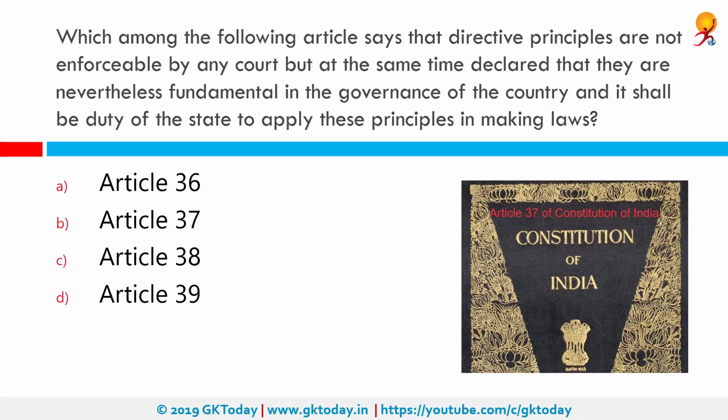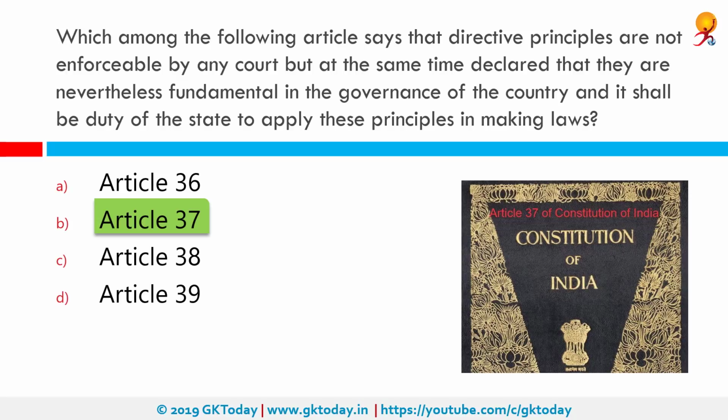Which among the following articles says that directive principles are not enforceable by any court, but at the same time declares that they are nevertheless fundamental in the governance of the country, and it shall be the duty of the state to apply these principles in making laws? The correct answer is Article 37. Article 37 states the application of the principles contained in this part.